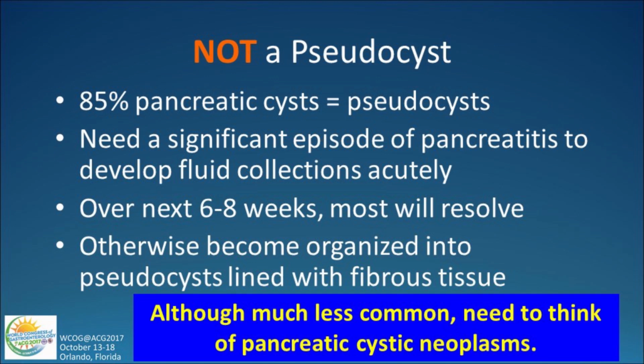But in this particular case, the patient never had pancreatitis, and he showed up with a well-rounded cyst on day 1, which would not be a pseudocyst. So although it's much less common, you definitely need to think about pancreatic cystic neoplasms.